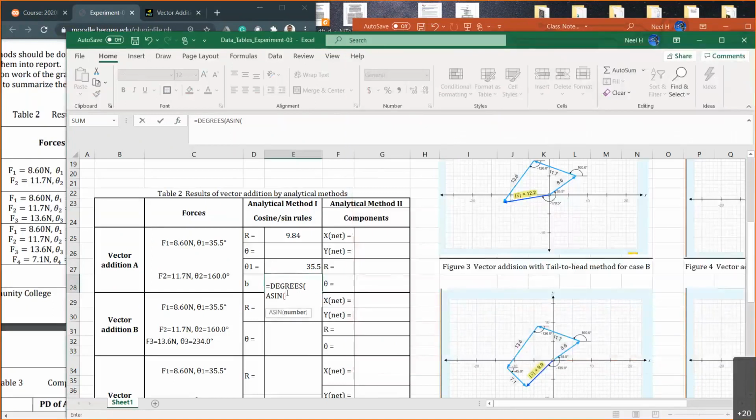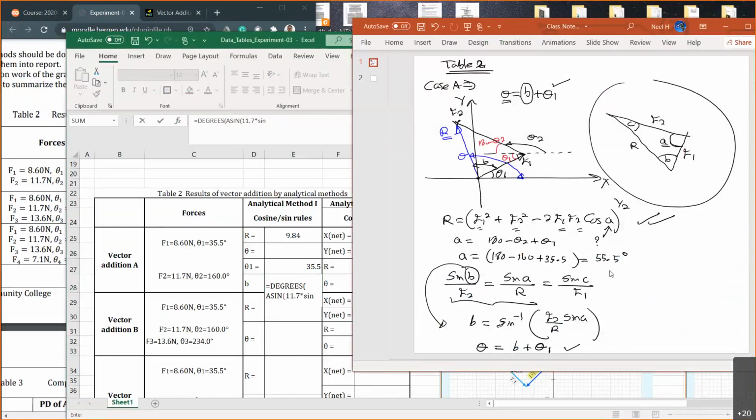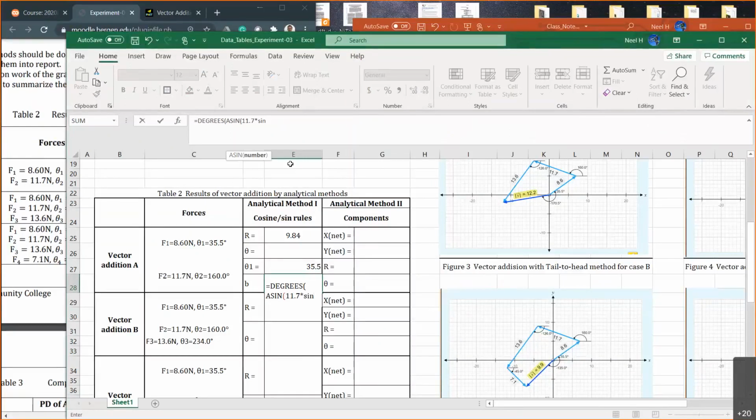So let's do F2, which is 11.7, multiplied by sine of A. The angle A is 55.5. When you do the sine function, you remember in Excel, it needs radians. So I have to convert into radians: sine, radians, another bracket, 55.5, close bracket.